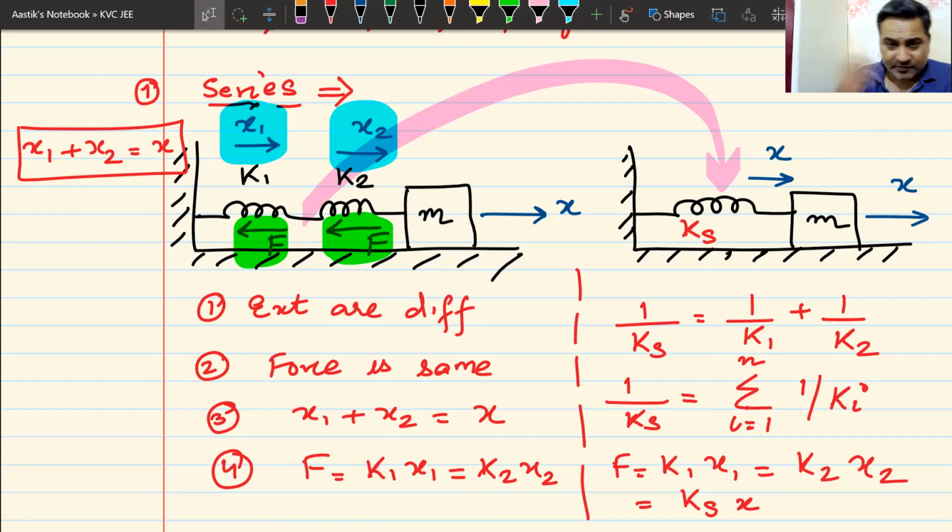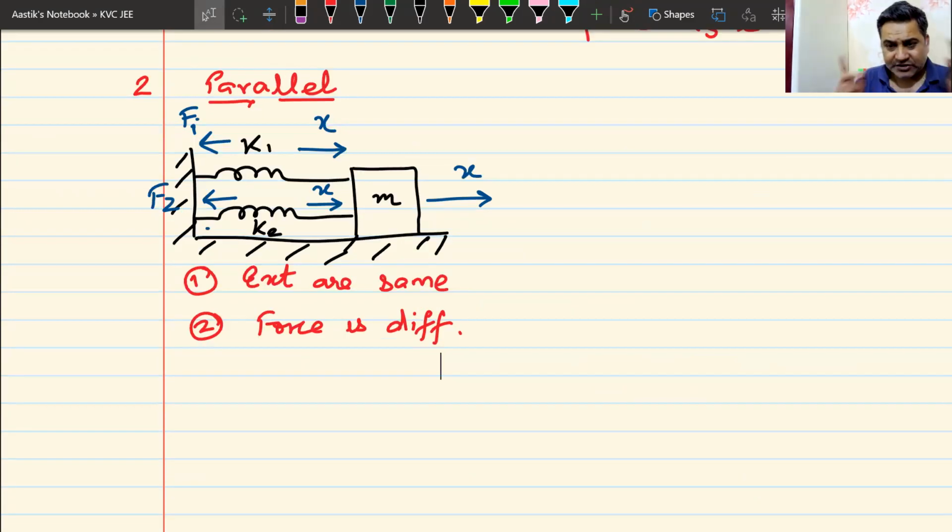So basically series combination is the opposite of parallel combination, or parallel combination is the opposite of series combination. Do we understand this? Okay, Jai Shankar, well done. Series and parallel combinations are opposite of each other.